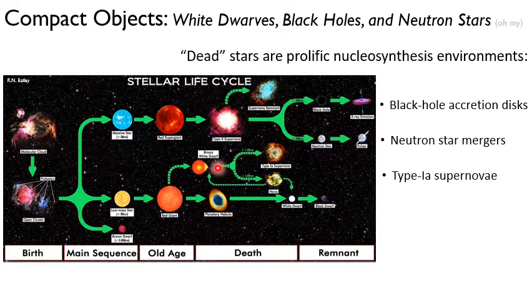When you create a white dwarf in a binary, there are a few different ways you can make elements. You could accrete gas onto the surface and have a type Ia supernova once you drive the mass over the Chandrasekhar mass. You could have two white dwarfs that merge, which would also make a type Ia supernova.